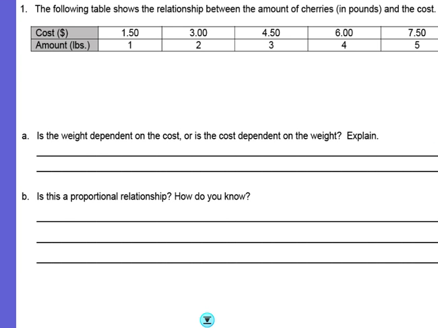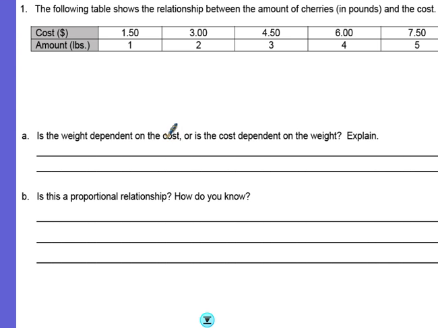So which one is dependent on what? Well, if you understand how buying things works, then you can figure this out.